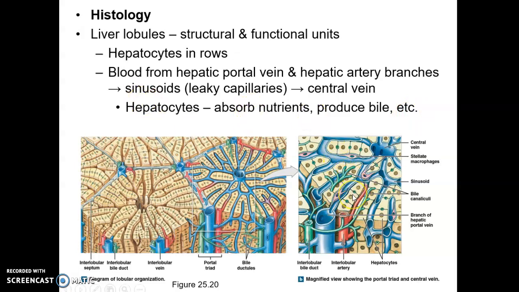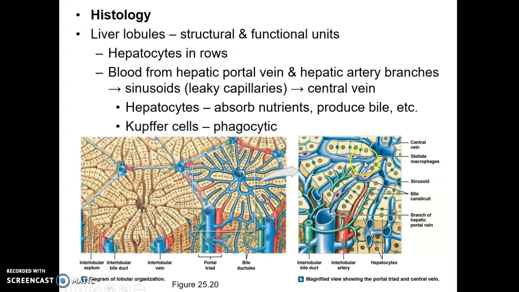Now the bile that gets produced will get secreted from the hepatocytes and enter into the small bile vessels, referred to as bile canaliculi, little canals for bile. The bile percolates in the opposite direction and leads to these interlobular bile ducts.